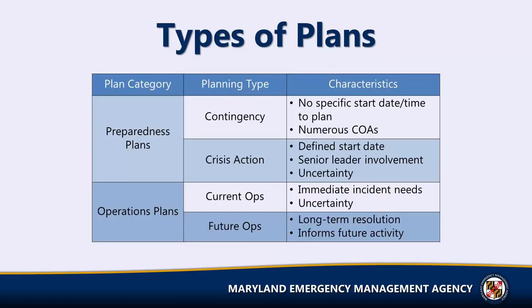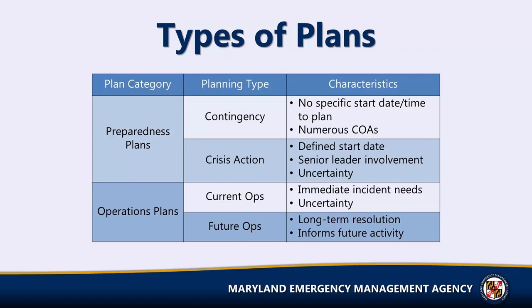Planning occurs before an incident and during an incident. Preparedness planning occurs before an incident begins or before a threat or hazard poses a direct threat to the community. Preparedness plans include contingency plans, which do not have a defined start time and likely feature numerous courses of action, and crisis action plans, which have a defined start date and typically have fewer courses of action.